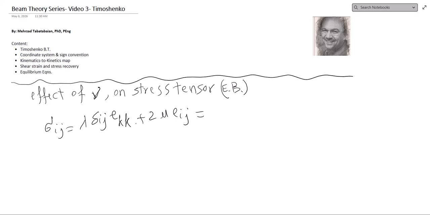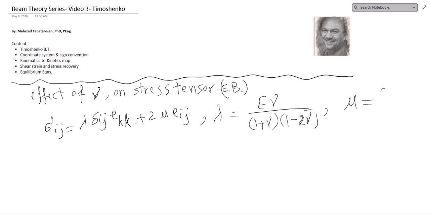I mentioned the relationship for the Lamé constants, lambda and mu, and if I rewrite them here again, lambda is E mu divided by (1 plus mu)(1 minus 2 mu), and mu is G, the shear modulus of elasticity.